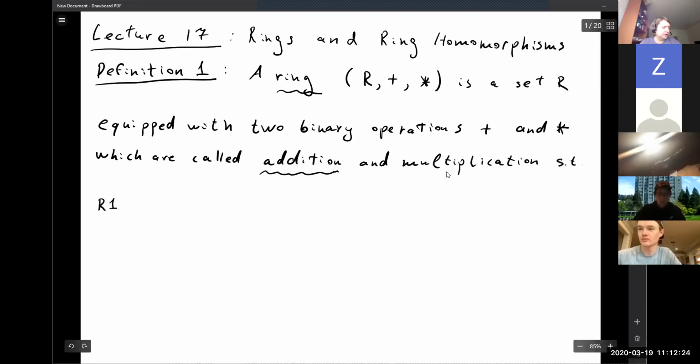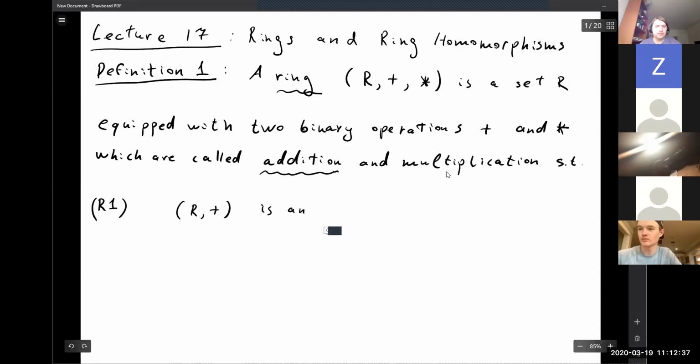So the first property, called R1, is saying that R together with the binary operation plus is an abelian group.